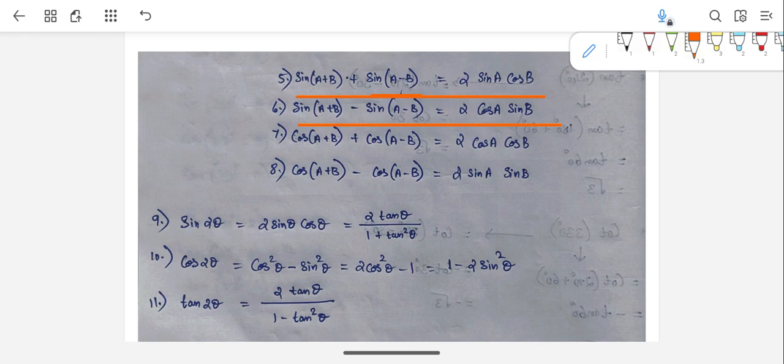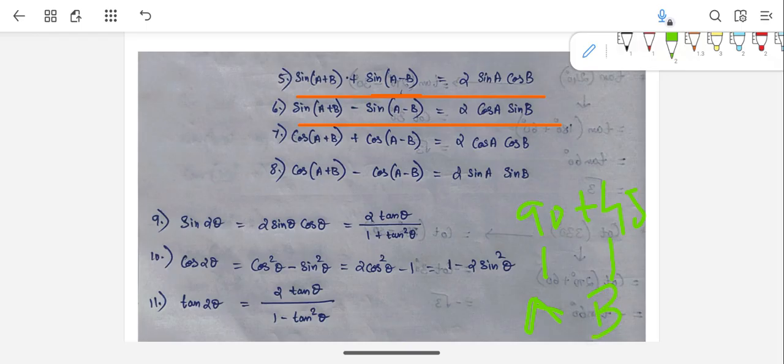So for example, let's take the same example, sin(90+45). Here we can take 90 as a and 45 as b.